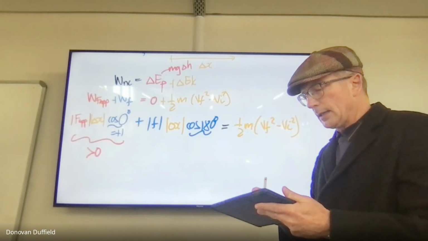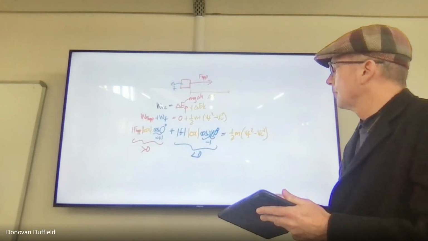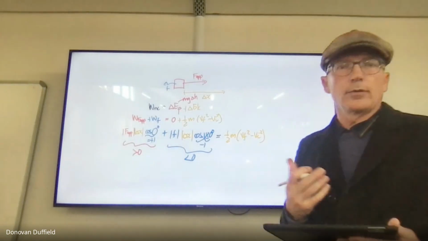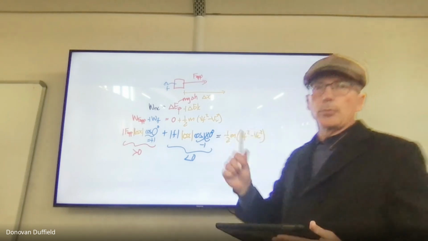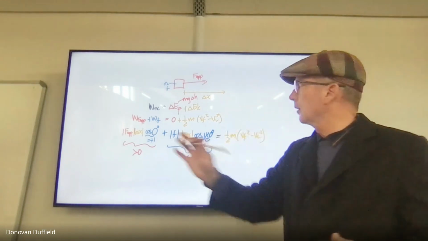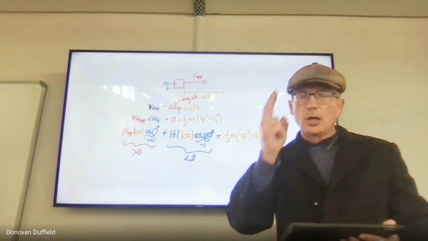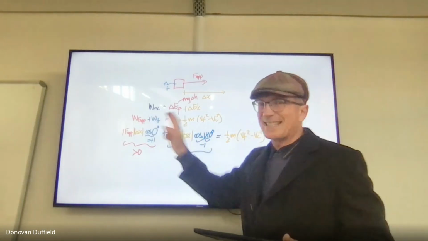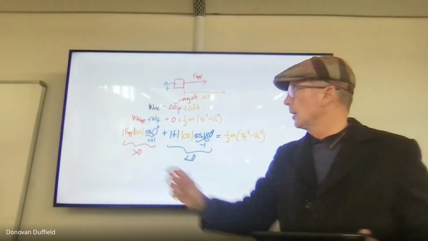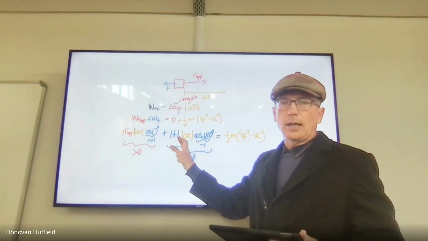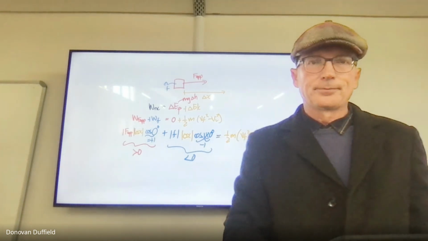Cos 180 is negative 1, which means this is negative, because friction takes energy out of the object, away from the object. So this is really important. This is something I struggled with for months until I clicked that WNC is not for one force. If there's a system that has two non-conservative forces, it's the sum of the work done by the non-conservative forces. And if there's friction included, then at least one of those terms is going to be negative.